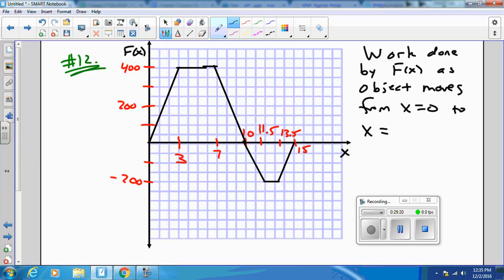Let's say work done as the object moves from x equals 0 to x equals 7, then x equals 10, and then all the way to x equals 15. Does everybody understand the setup for the question?